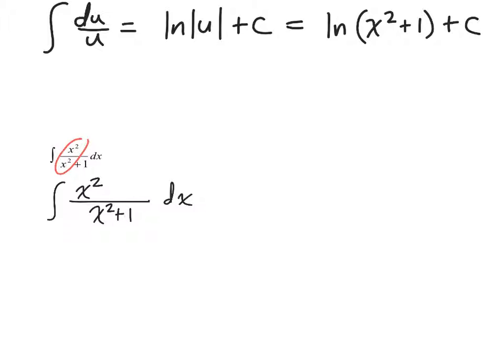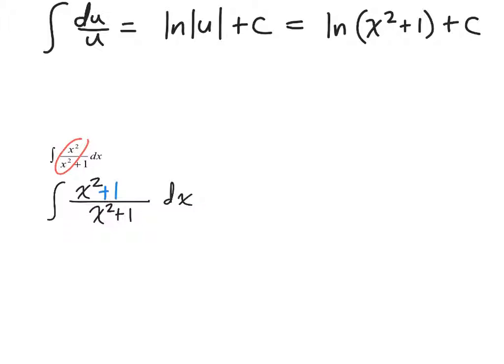I just think to myself, this would be so easy if only there was an x squared plus 1 on the top, because then everything would cancel out and it would be like nothing. So I'm just going to do that and hope the teacher doesn't notice. Then cross it all out and just change the problem, right? We've all done that at some point.